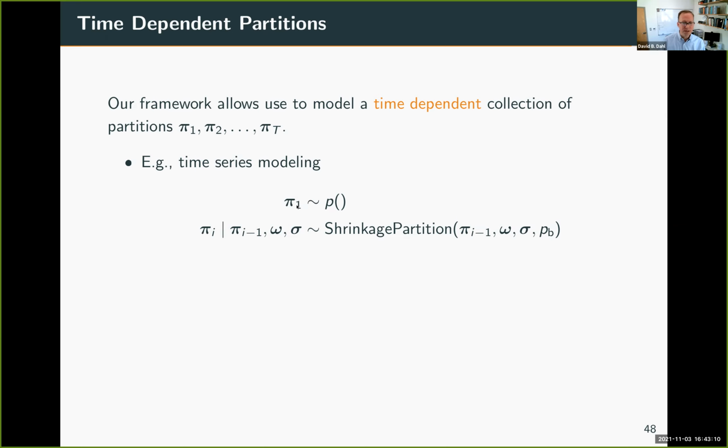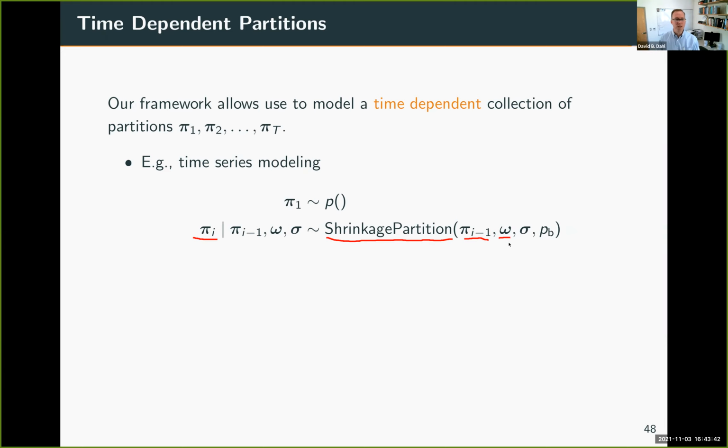Given that random partition pi 1, that becomes the baseline partition for the distribution of the next partition at the next time point. And so our shrinkage partition distribution allows us to have that dependence relationship, and the extent to which pi i and pi i minus 1 are similar to each other depends on the shrinkage parameter omega.